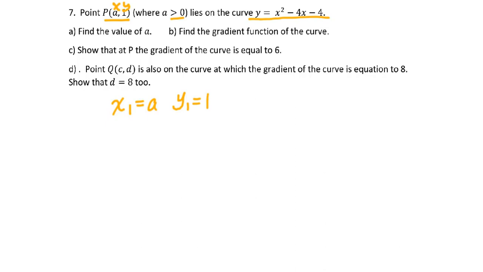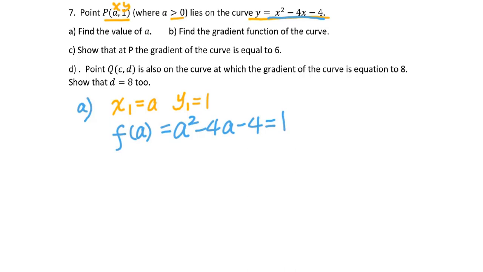In other words, when you plug a into the function, you are supposed to get 1. So I put the a into this function. Every single x needs to change into a. So we get a squared minus 4a minus 4 equals 1.